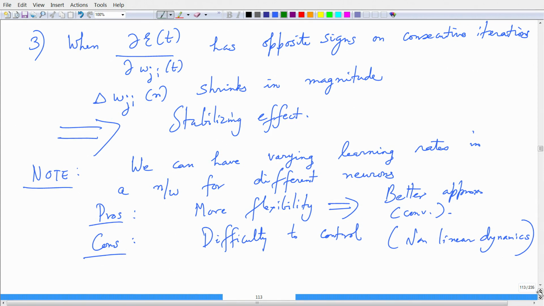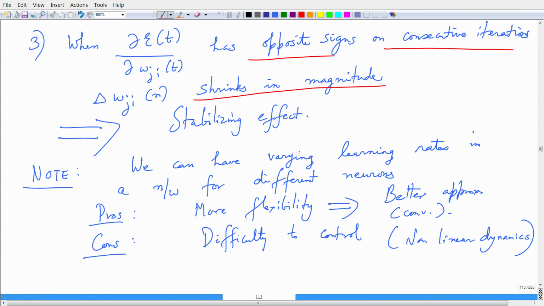If however we are having opposite signs over consecutive iterations, then Wji shrinks in magnitude and it has a sort of stabilizing effect, that you are accumulating some mass, then you are removing some mass, and you basically rattle, and finally you have a sort of stable effect.